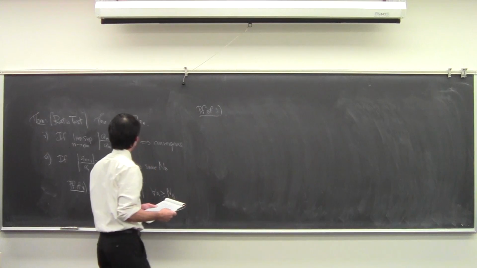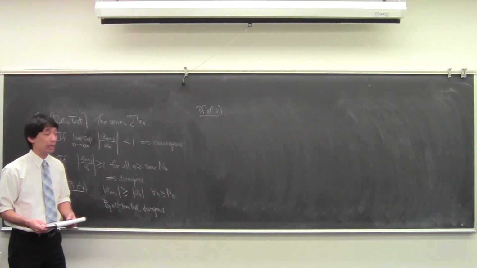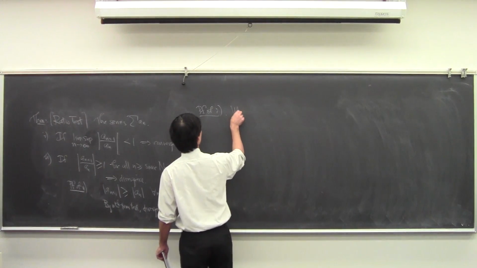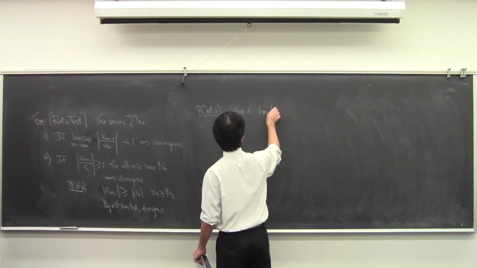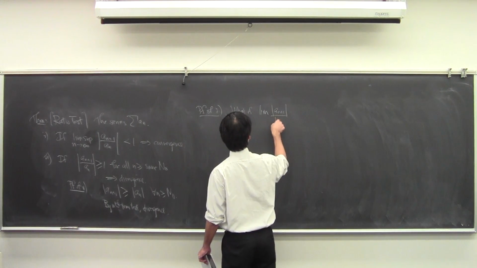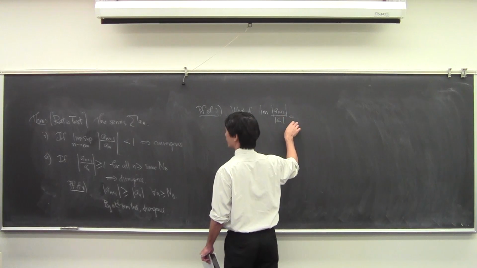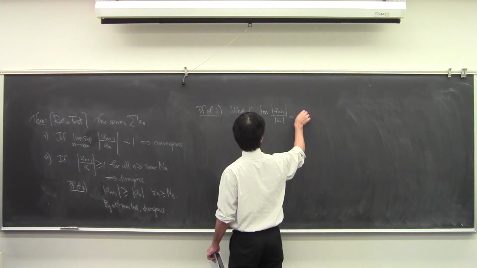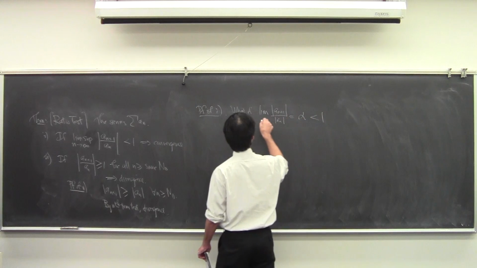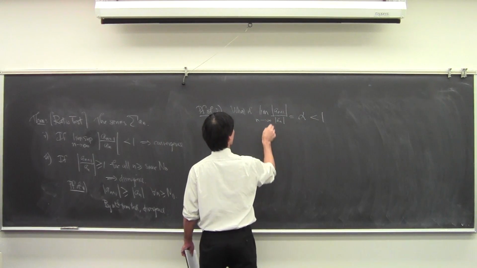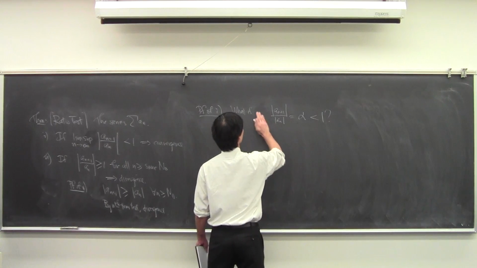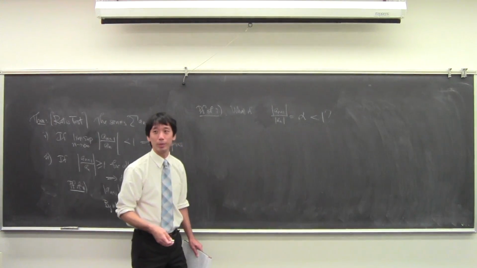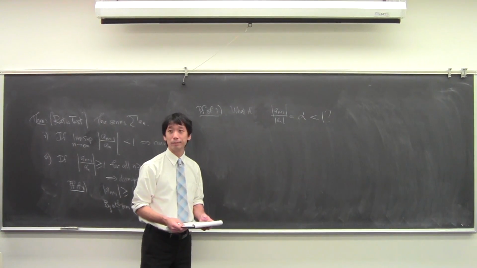As for the first one, what if the ratio actually equaled some number alpha smaller than 1?